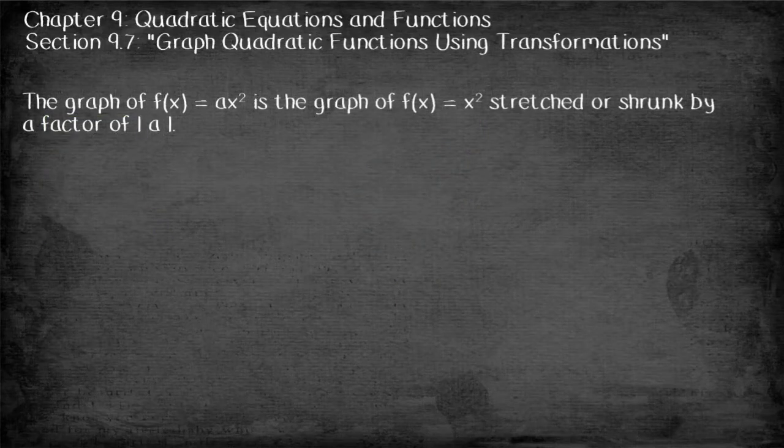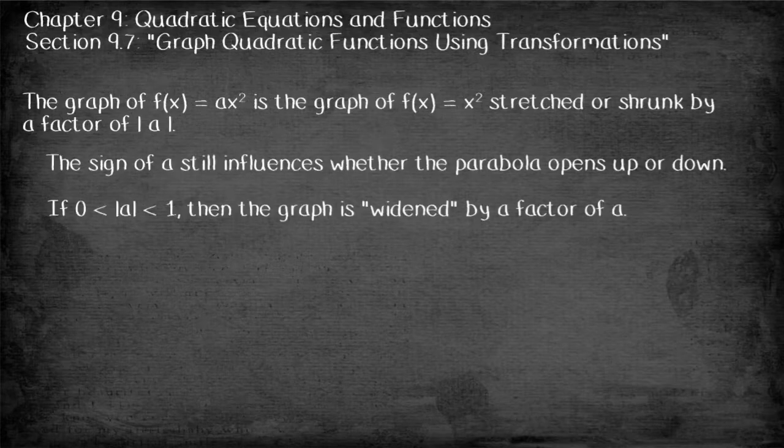So the graph of f of x equals ax squared is the graph of f of x equals x squared, being either stretched or shrunk vertically by a factor of the absolute value of a. As far as the sign is concerned, that really just influences whether the parabola opens up or down. What matters is the size of a, that is, the absolute value.